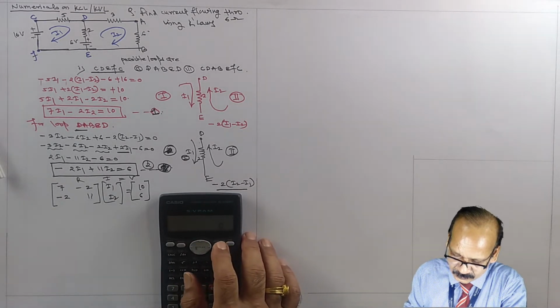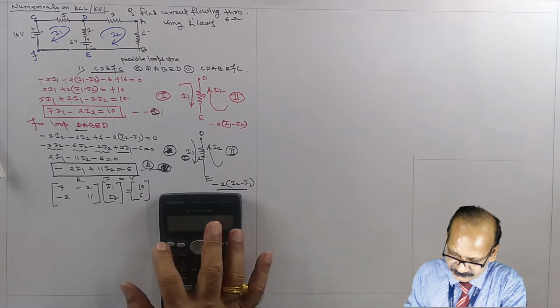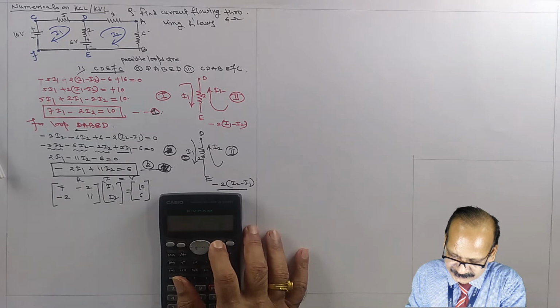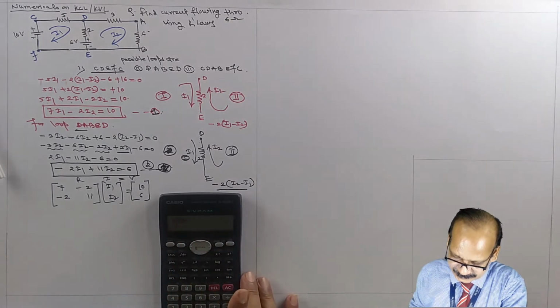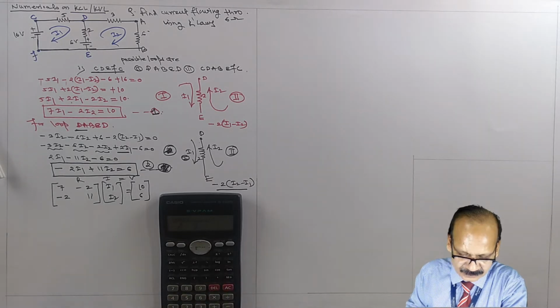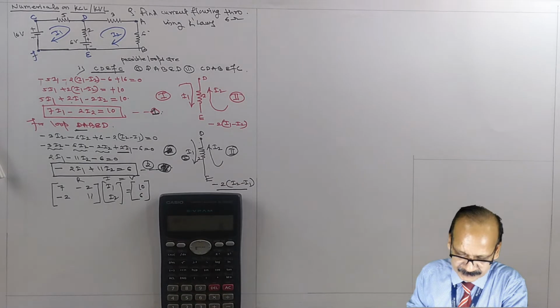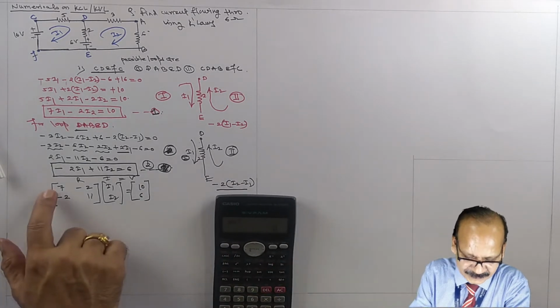So on the mode, see function, first row of the function, go to mode, press it, press it, press it. Now here it is equation and it is 1. So I am pressing 1. How many unknowns are here? 2 unknowns, 2 equations. So press 2. It is asking A1. A1 means first element.